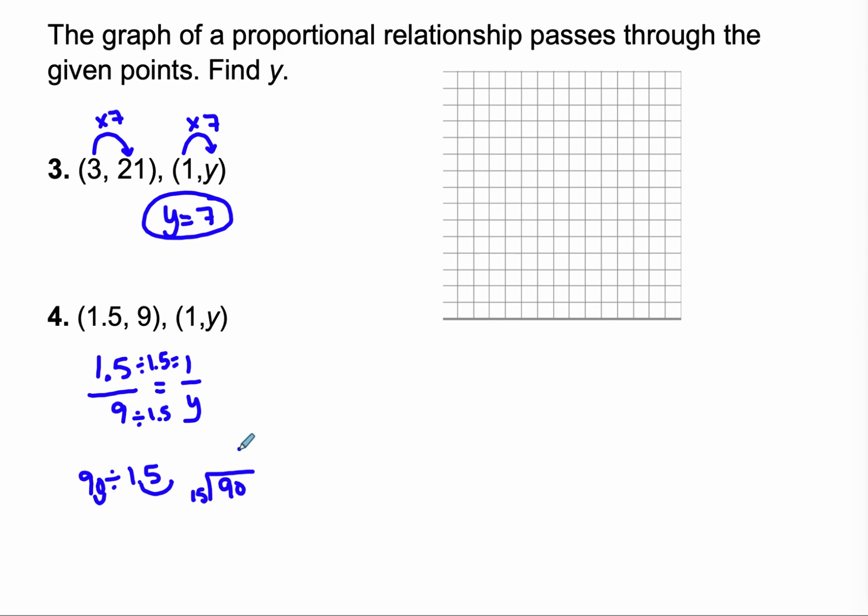I believe it's going to be 6. Let's double check, just make sure that's right. 5 times 6 is 30. 6 times 1 is 6, plus 3 is 9, so 90. Okay, great. So my answer here is y equals 6.